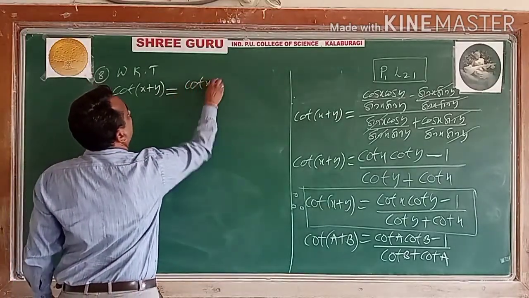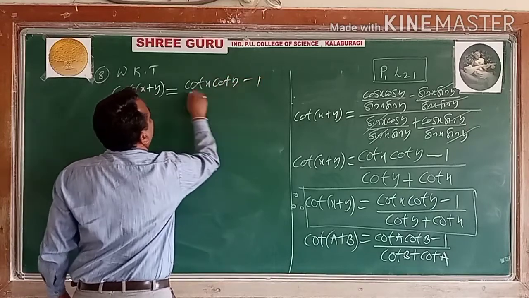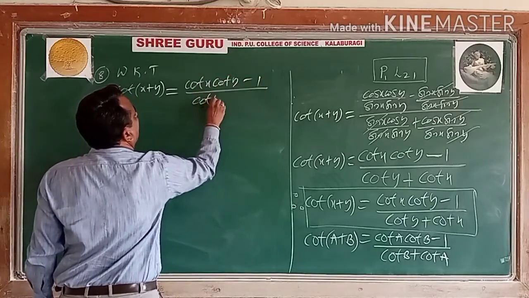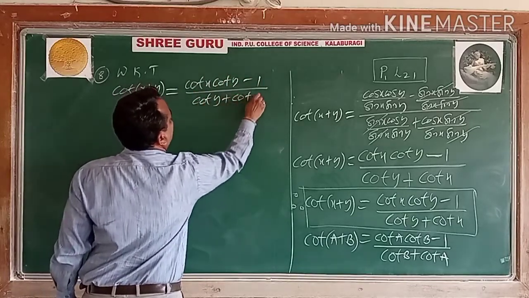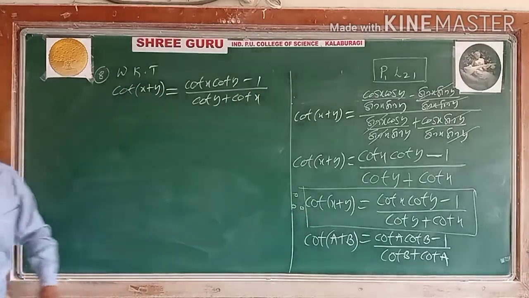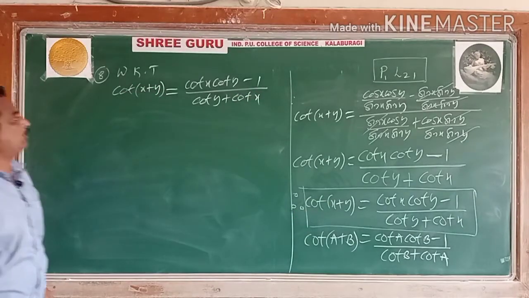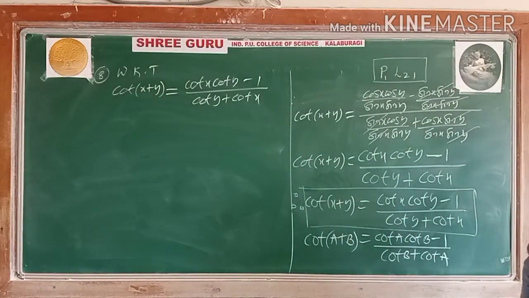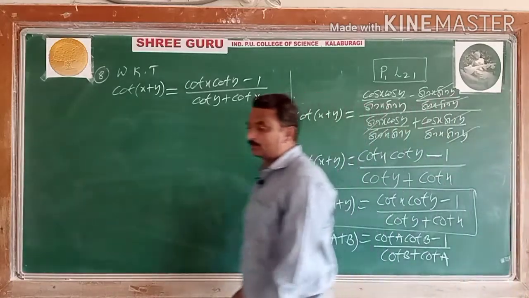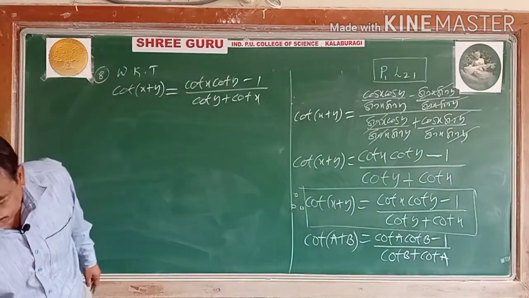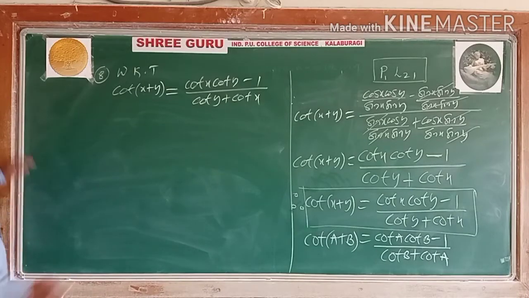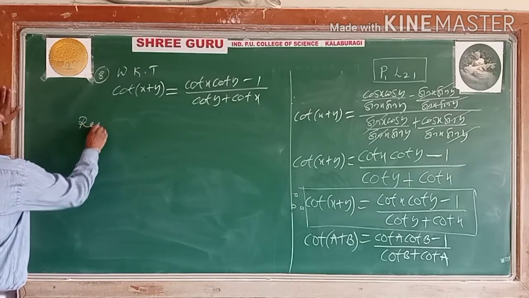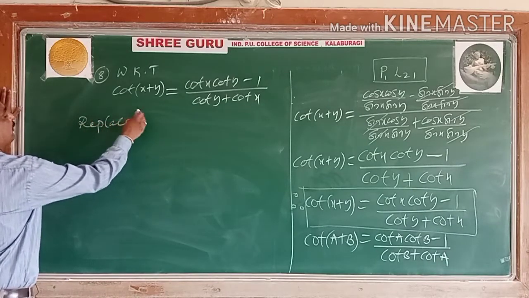Cot x into cot y minus 1 divided by cot y plus cot of x. Just we have got this formula here, cot of x plus y formula. Cot of x plus y is equal to cot x cot y minus 1 divided by cot y plus cot x. Now see the replacing. We'll go for the difference formula.